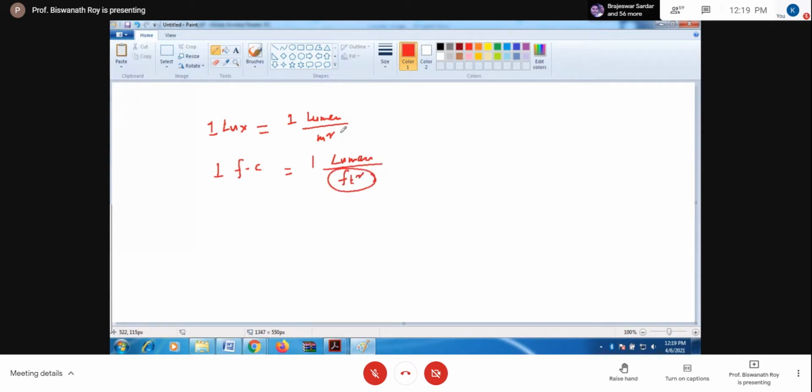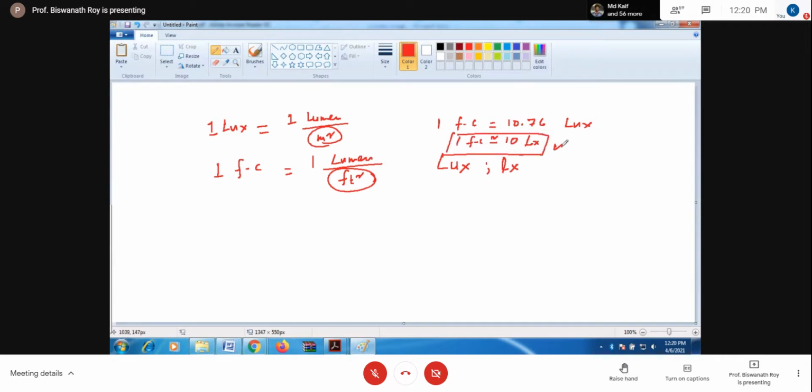And if we convert foot square and meter square, you know the relation between them, then you will come up with 1 FC equal to 10.76 lux, right? In practice, it is taken as 10 lux. So 1 FC is approximately taken as 10 lux, right?